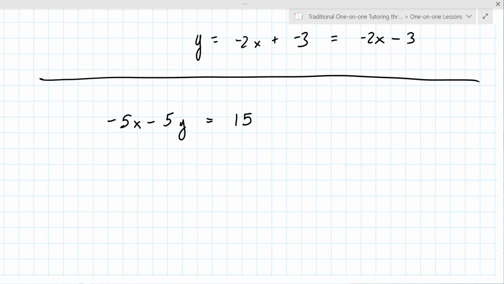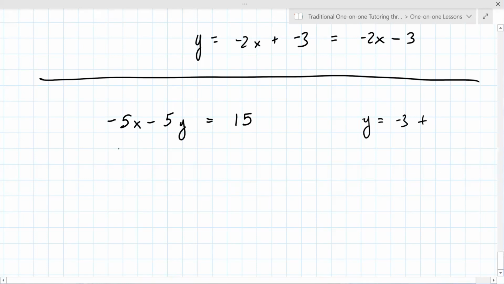Alright, so y equals -3 plus -5 on top and 2 on the bottom.